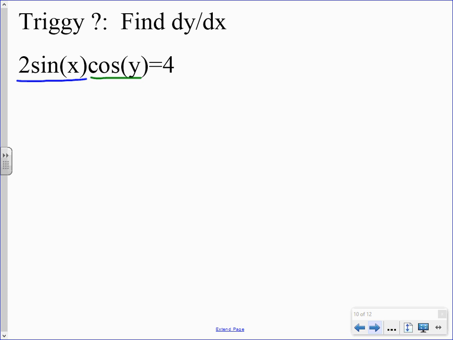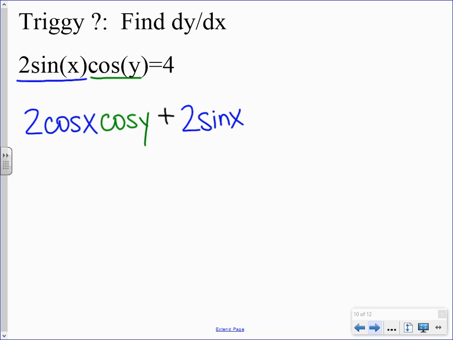What's the derivative of 2 sine of x? 2 cosine x. Yes. Times our second function, plus the first times the derivative of our second.